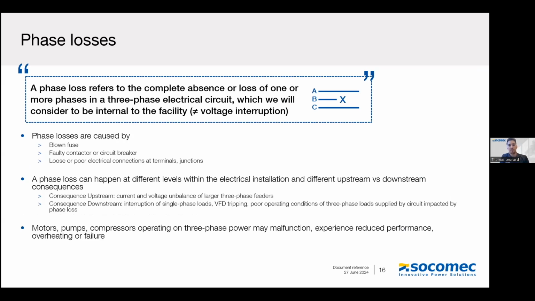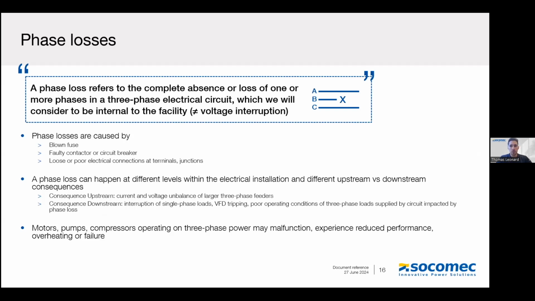We're not talking about all phases altogether, or that would be a sag or an interruption. We're talking about one of the phases in a polyphase circuit. So a phase loss can be caused by a blown fuse, a faulty contactor or a breaker, loose or poor electrical connections at terminals, and phase loss can happen at different levels within the electrical installation.